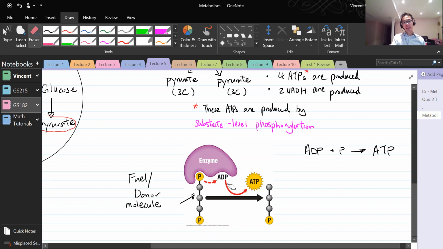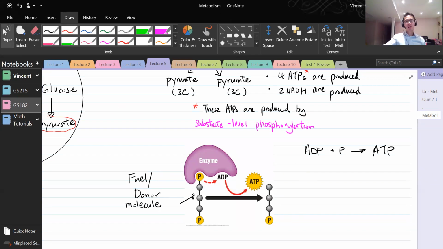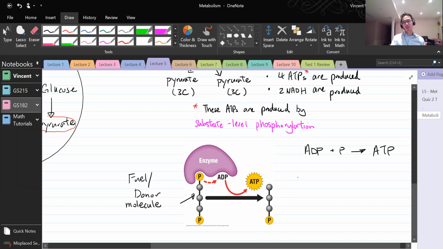Okay, so in this case, we are phosphorylating, adding a P onto ADP and therefore creating ATP. And you can see our donor molecule, after you rip the P off, there is only 1 P left. So this process is called substrate level phosphorylation. A very small percentage of ATP is produced this way.